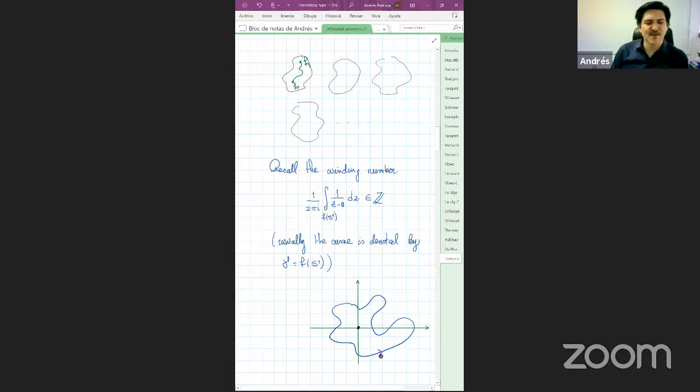For instance, for that example, what is the winding number of that curve? Just one. One, usually counterclockwise is positive, okay?